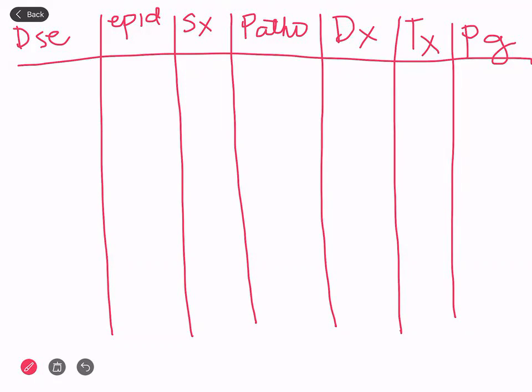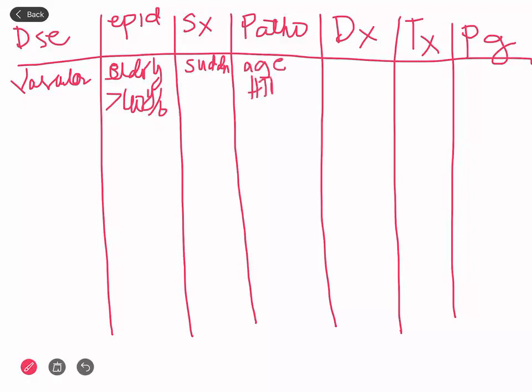So again, vascular lesion. For epidemiology, of course, more on elderly patients, more than 60 years old. Symptoms: sudden onset. It will be dependent on what part of the brain is affected. For pathology, the most common risk factors include age, hypertension, diabetes mellitus, dyslipidemia or high cholesterol, and of course atrial fibrillation, irregular heart rate and rhythm.